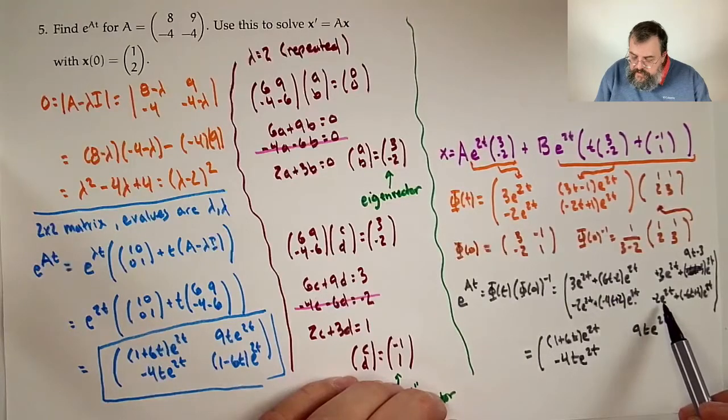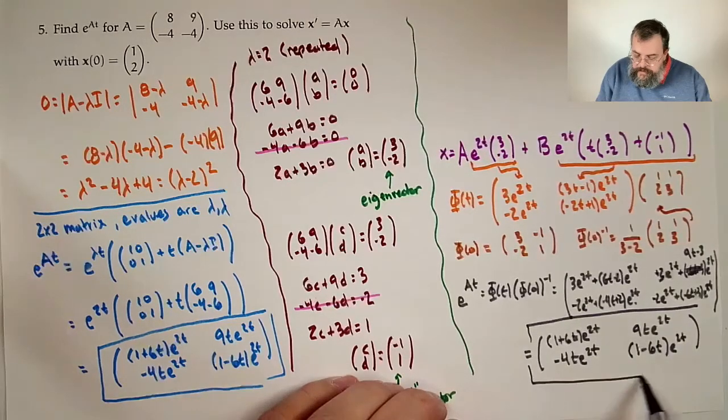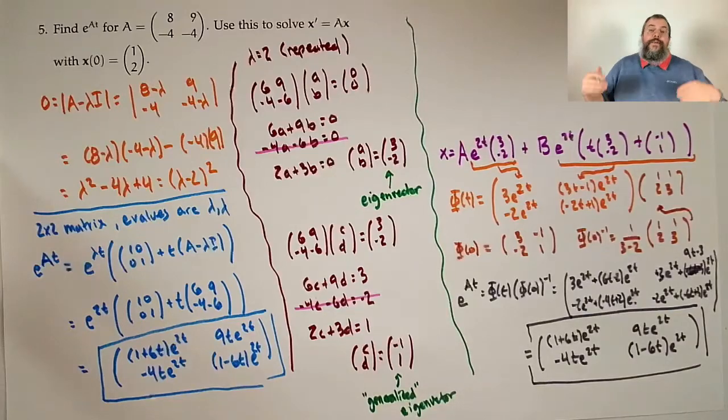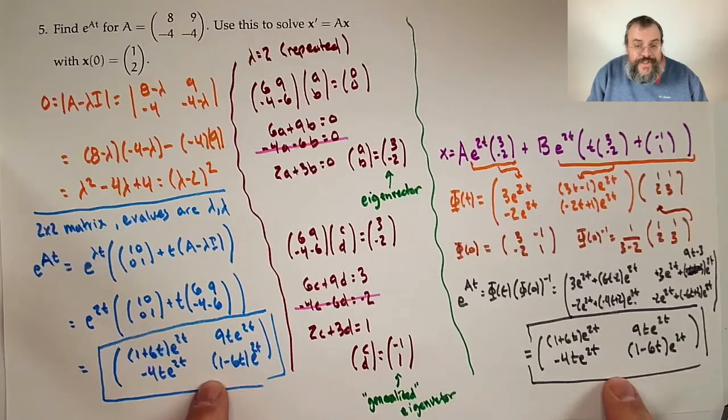Here you have a minus 2 e to the 2t and a plus 3. Well, that becomes a plus 1, and then minus 6t, and that's times e to the 2t. And there we go. Now, catch our breath. Do they match? They do.